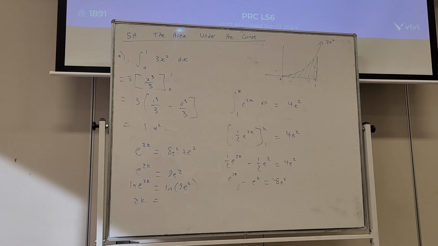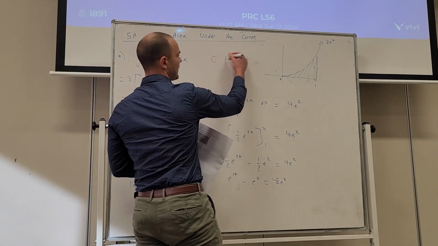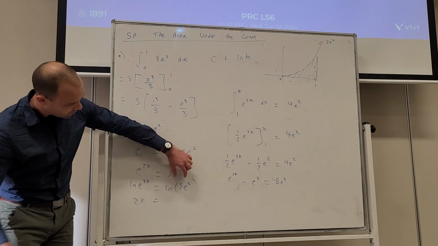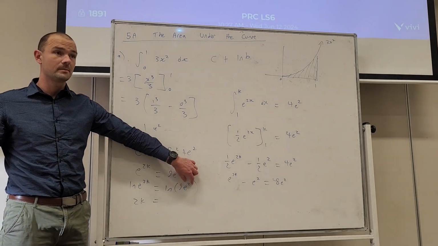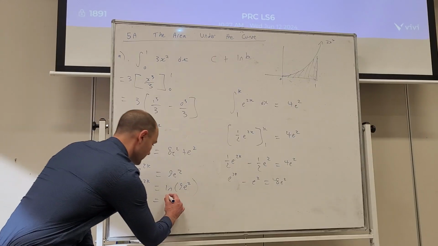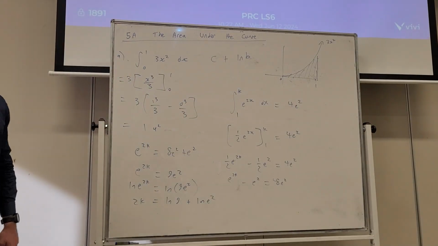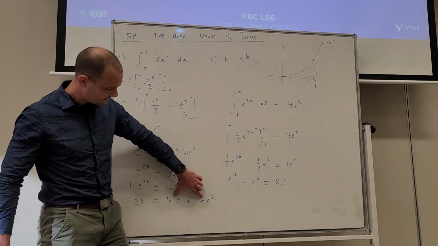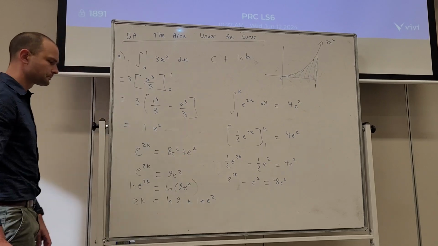But look how it wants us to present the answer. It wants us to have some constant plus some logarithm. And so I'm looking at that and I'm going, we can split that logarithm. We have ln of a times b, it's equal to ln of a plus ln of b. Right? That's using log laws. We can split that up. If we collect them using the laws of logs, that's what it will collect to, 9 times e squared.